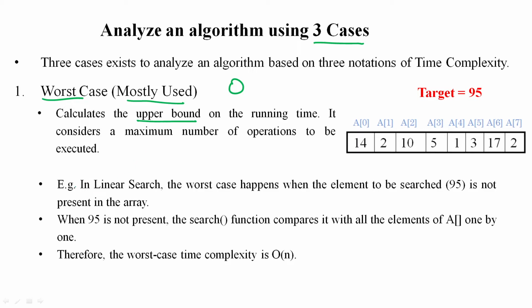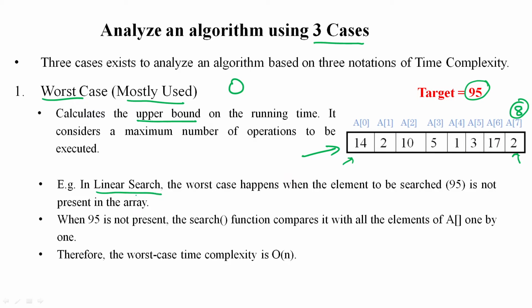For example, if you take an array of numbers with 8 elements, in these 8 elements I am searching for the value 95 to see whether it exists or not, one by one. I will search from the starting index to the ending index one by one, which is called linear searching.